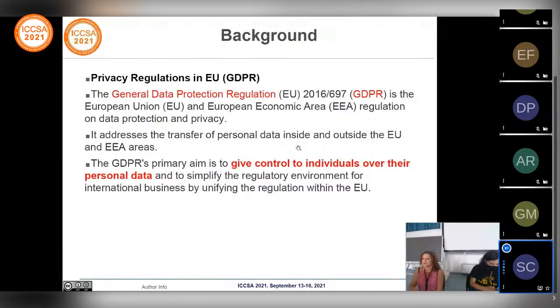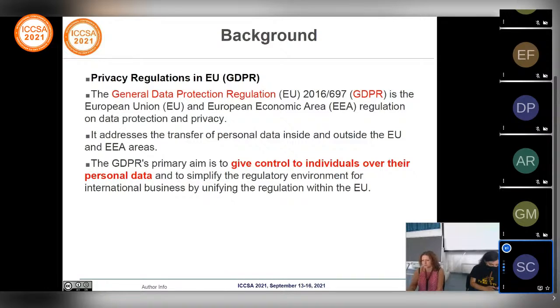As the background, we can consider the General Data Protection Regulation that was mandatory in the European Economic Area and the European Union from 2018. And it addresses mainly the transfer of personal data inside and outside the European Union and European Economic Area.